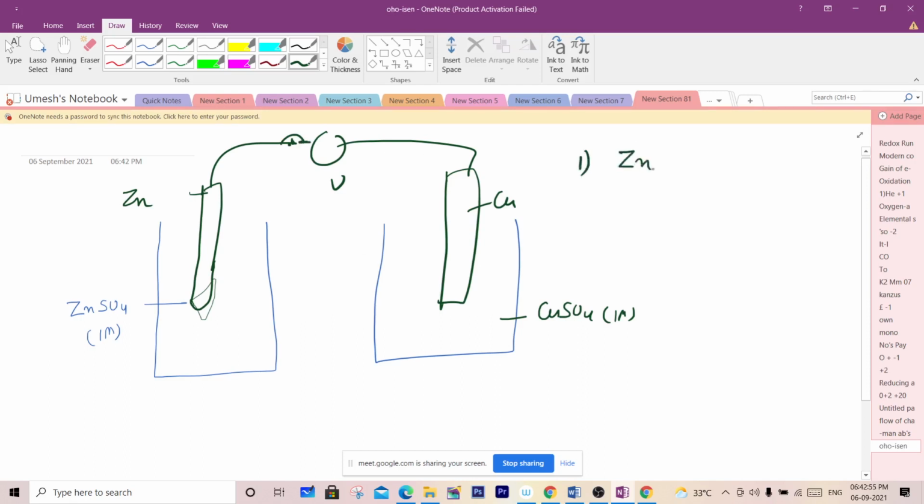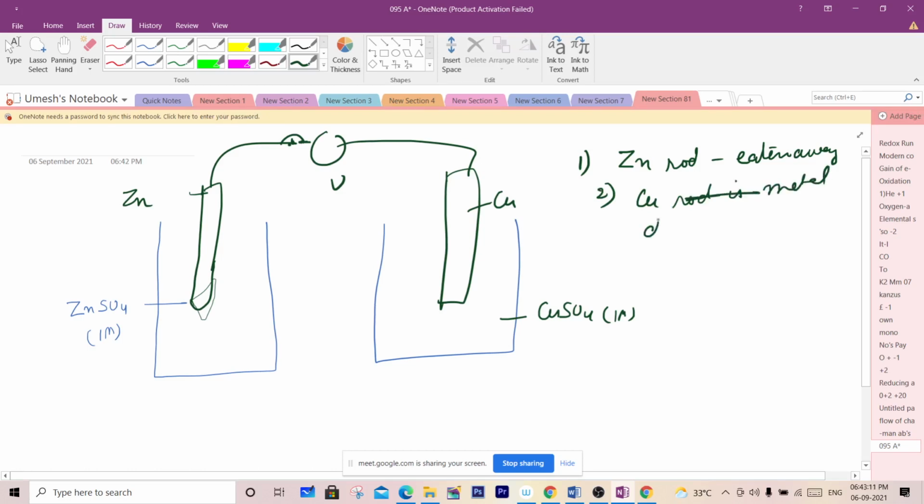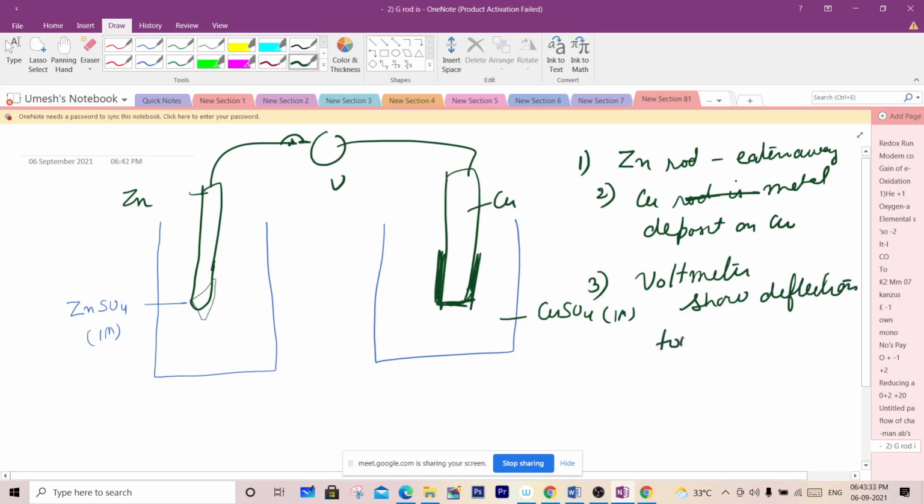Number one, the zinc rod is eaten away. Number two, at the copper rod, copper metal deposits on copper. It means here the copper is getting deposited, right? Third reading, the voltmeter shows deflection towards zinc.